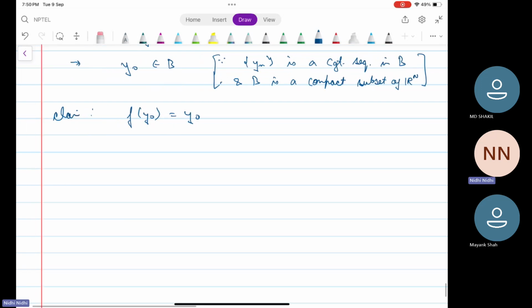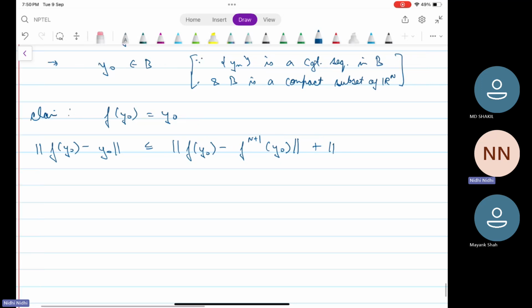Now f y naught minus y naught is less than or equal to f y naught minus f n plus 1 y naught, where this n is the same as we got in the definition of convergence.